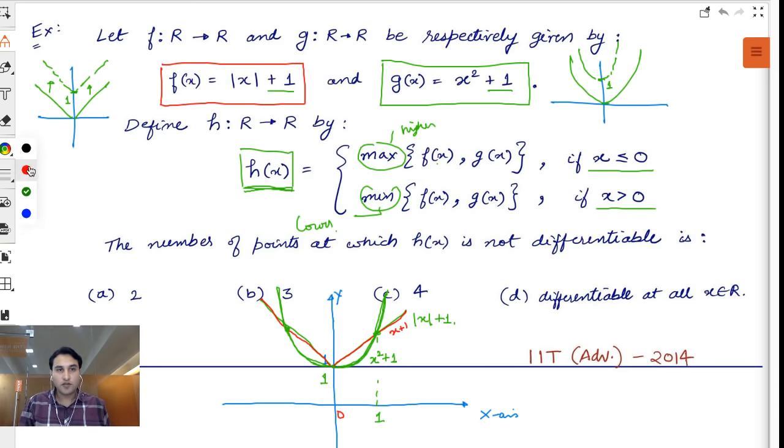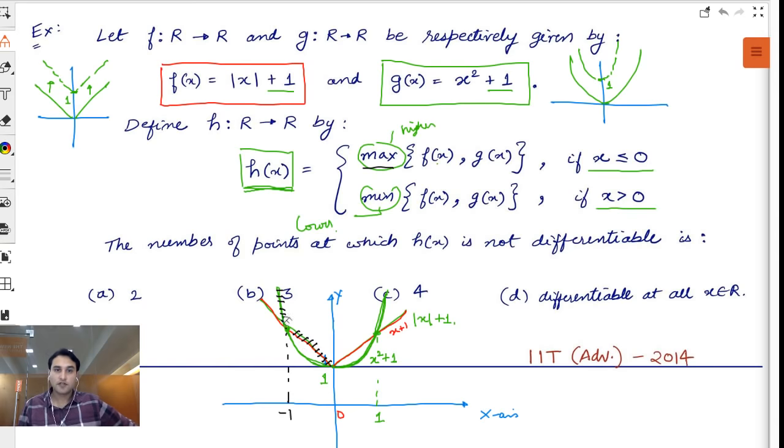Now let's look at what the question wants. It says max of fx and gx if x is less than 0. When x is less than 0, to the left of y axis take the higher graph. Which is higher? See, green one is higher. Green one is higher to the left of -1. After that the red one is higher.